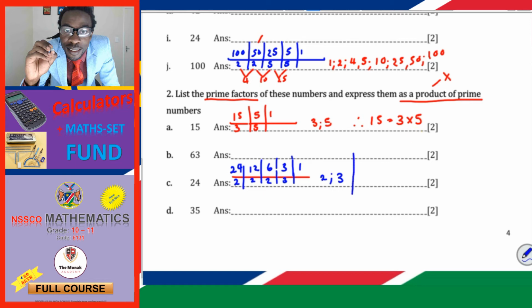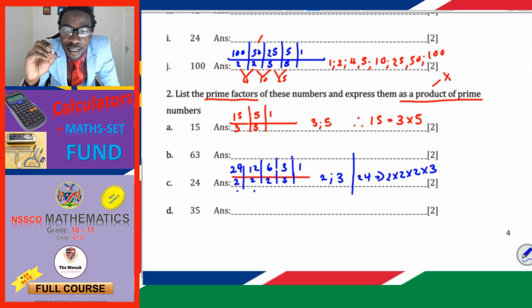Now we want to express 24 as a product of its prime factors. So 24 is equal to 2 times 2 times 2 times 3.